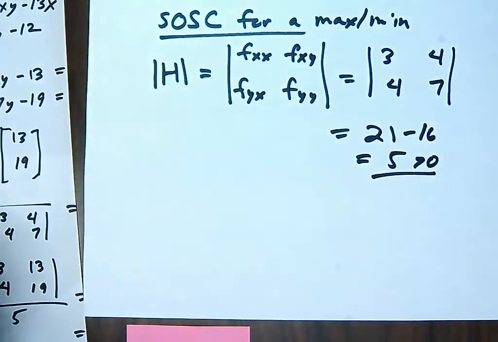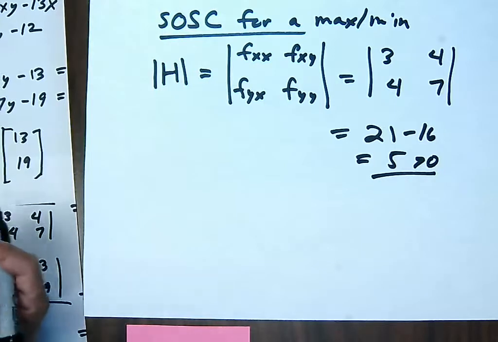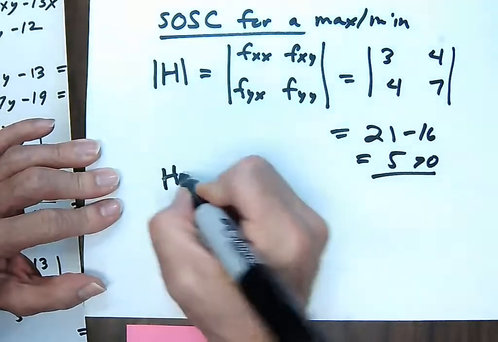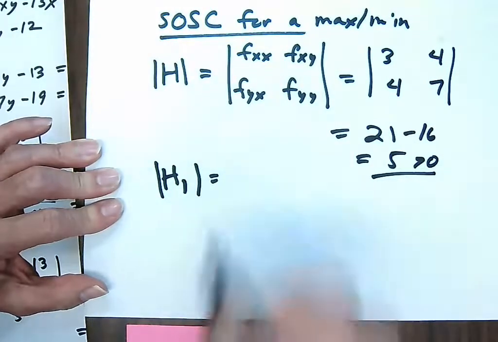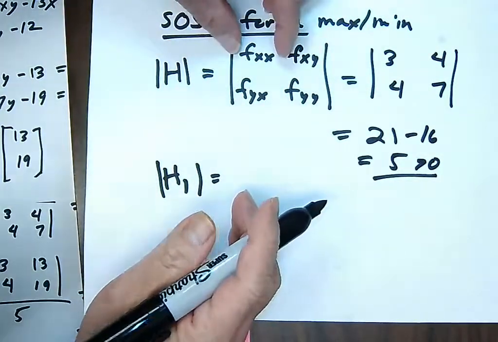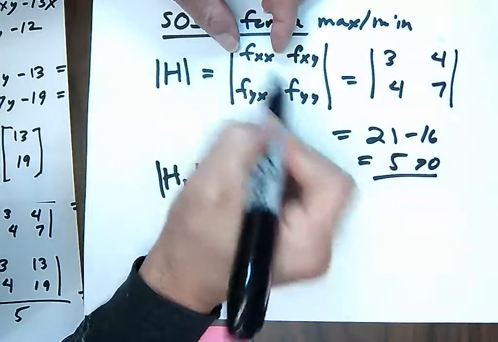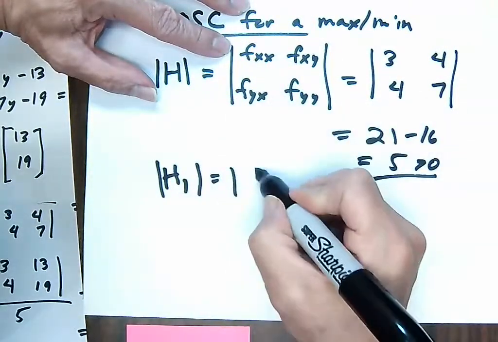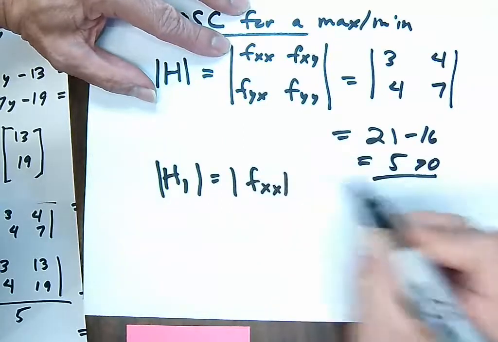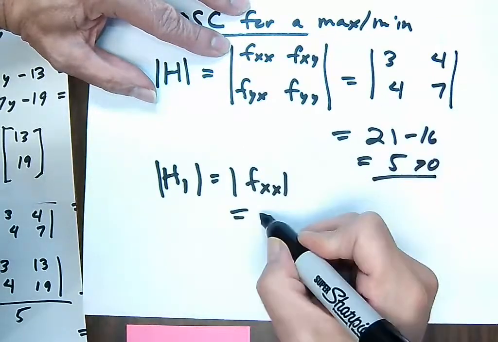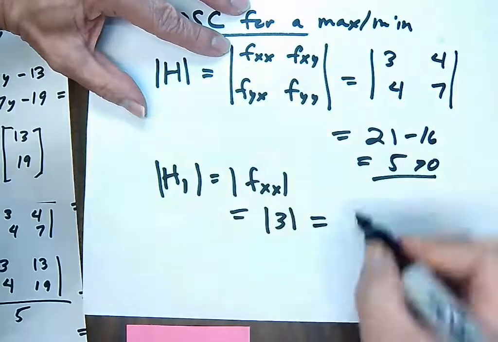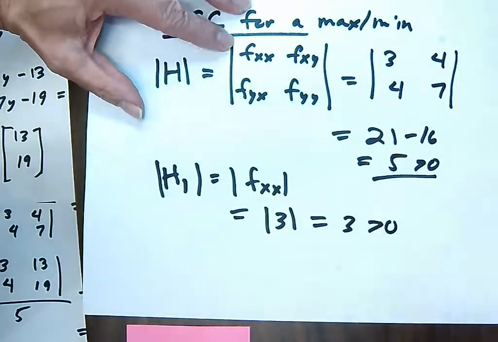Also, we need to look at the successive principal minors of this Hessian determinant. We need to look at the first principal minor of the Hessian, which is a subdeterminant of the Hessian, which contains the first element along the principal diagonal. So it's just going to be the determinant of fxx, which in this case comes out to be the determinant of 3, and the determinant of a scalar is just the number 3 itself, which is positive.